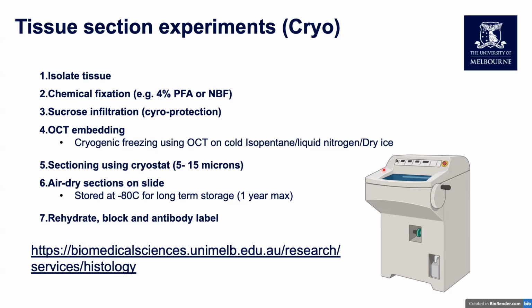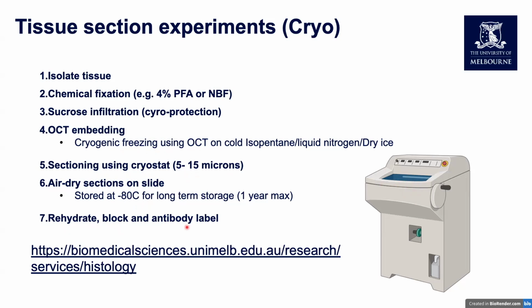Sectioning on the cryostat controls the temperature within the cutting. Again, we can dry the samples onto a slide. They can be stored long-term at -80 degrees if you need to come back and do the staining at a later date, before you rehydrate those samples and then again go through the block and antibody labeling steps.